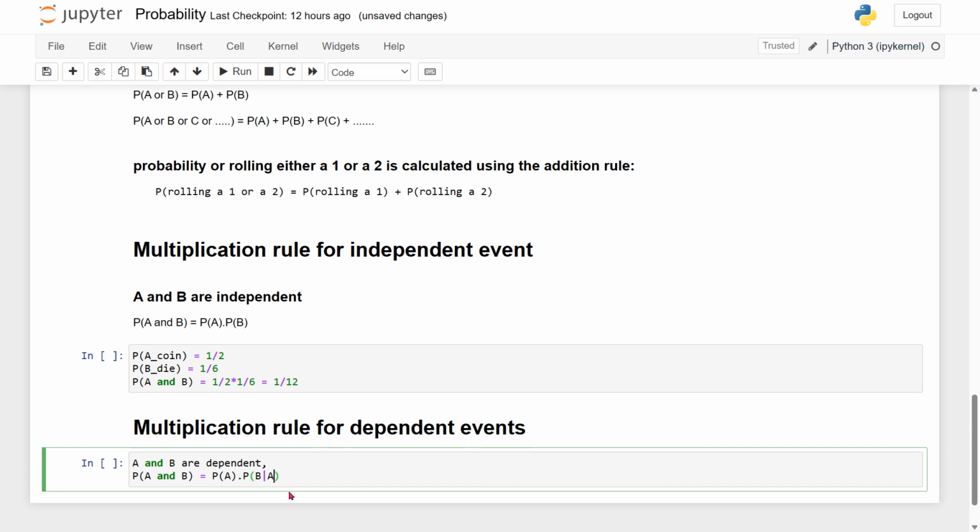So in this case, A has occurred. I'm just repeating this. For the probability of A and B where B is dependent on A occurring, it is the probability of A multiplied by the probability of B given that A has occurred. Okay, clear?